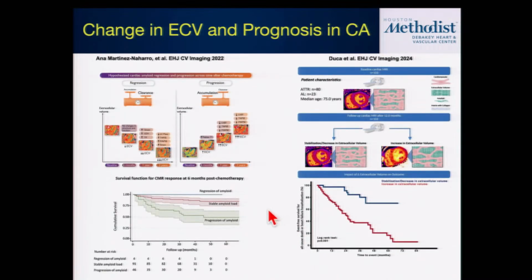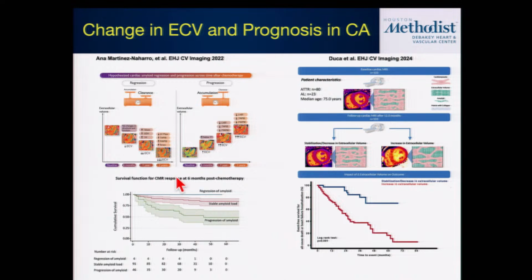There are now a couple of papers, and this is just a few that I pulled recently, which have highlighted the potential for using MRI to look for serial changes in patients that are getting treated for amyloidosis.